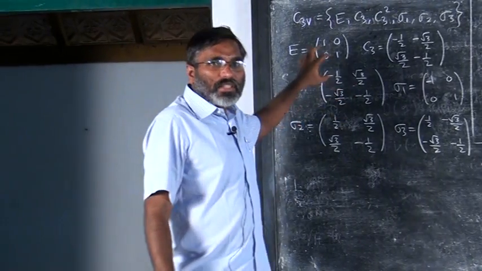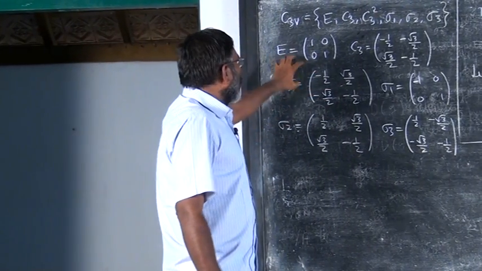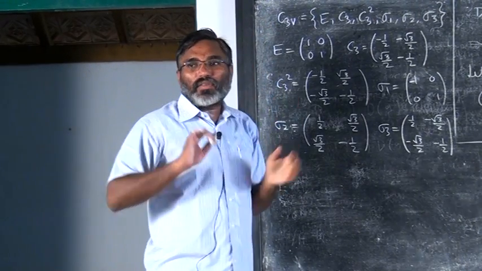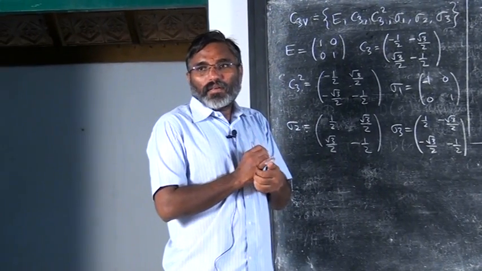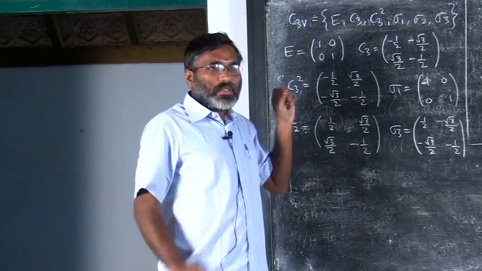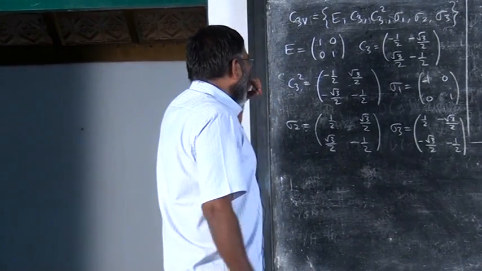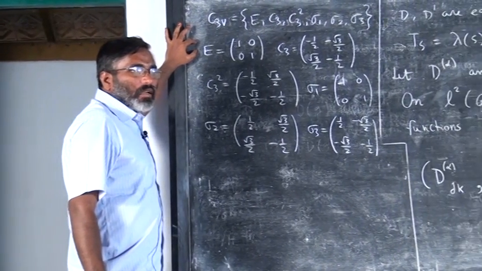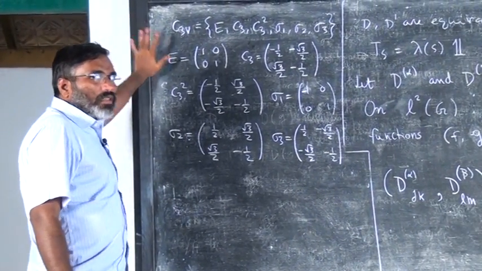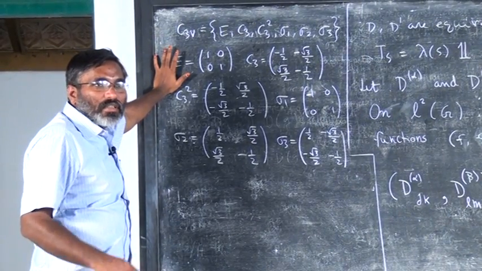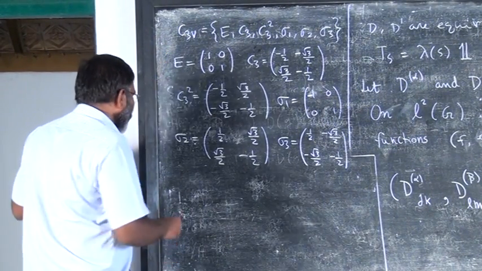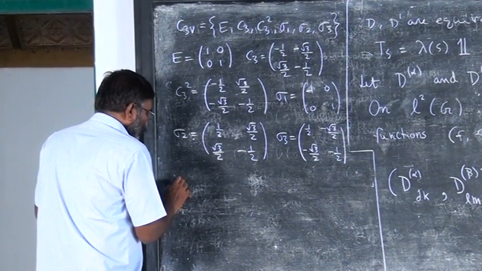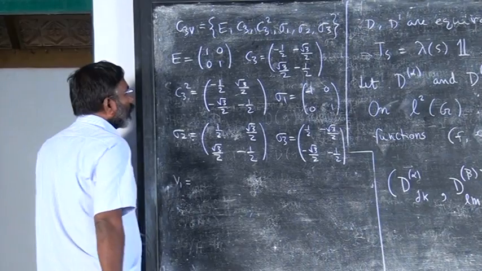So if I choose this representation, this is a two-dimensional representation. That means alpha is equal to beta here. I am only talking about one representation. Now I can form vectors. How many vectors can I form with these matrix elements? 4 vectors. The first vector, let's call it V1.